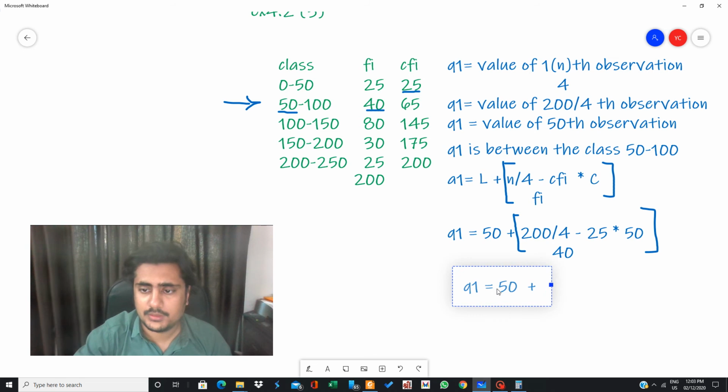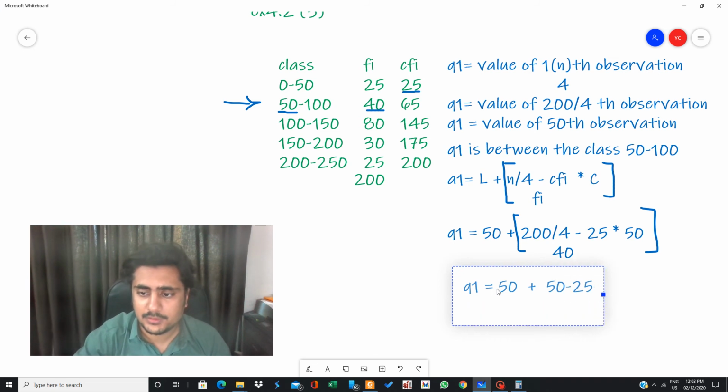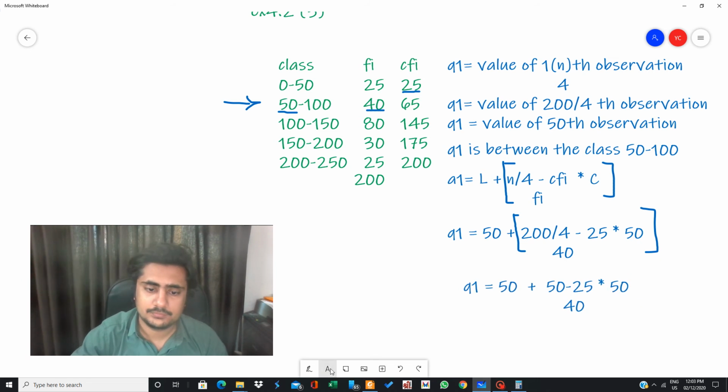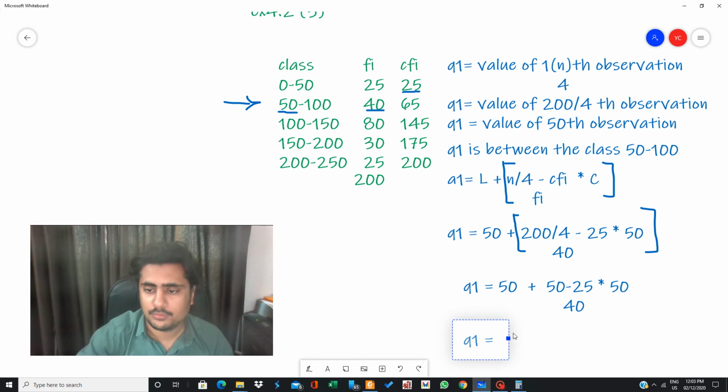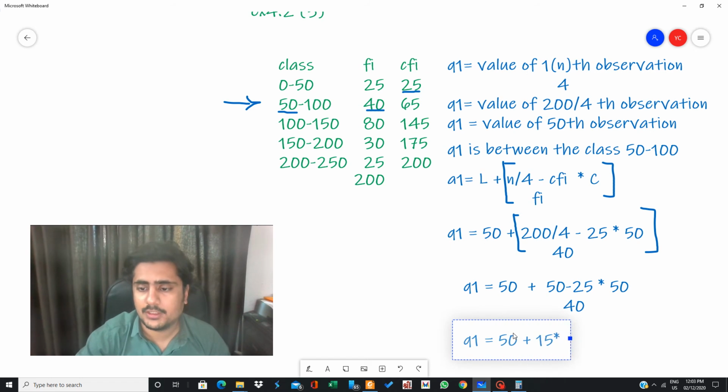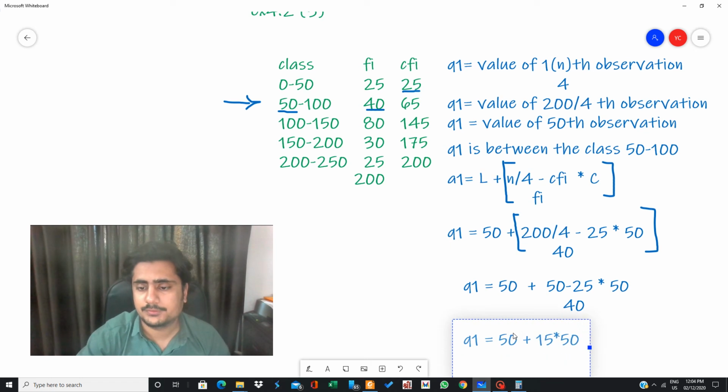Now 200 by 4 is 50, minus 25, upon 40, into 50. Now Q1 is equal to 50 plus 15 into 50 upon 40.